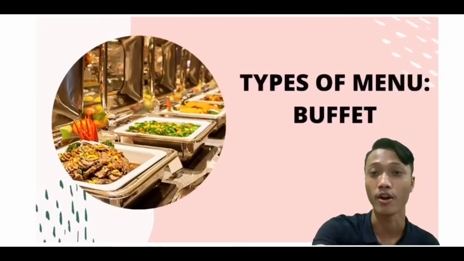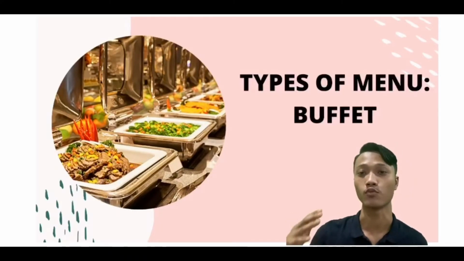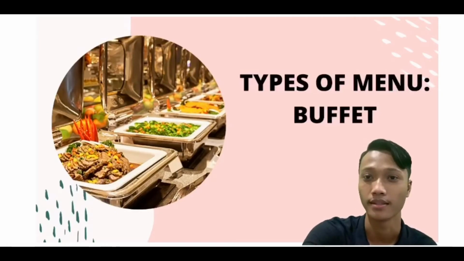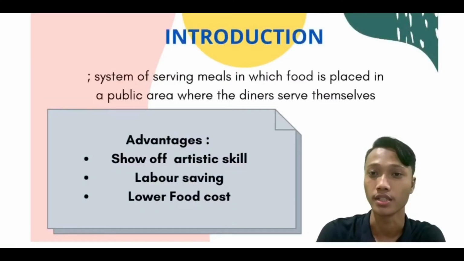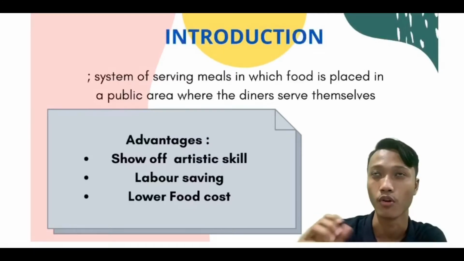So we have done the explanation about the types of menu of banquet. Next we go through the type of menu: buffet. For introduction, as we know, buffet is a more casual event.